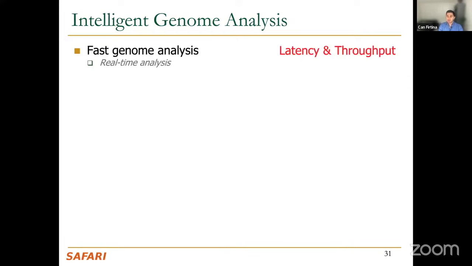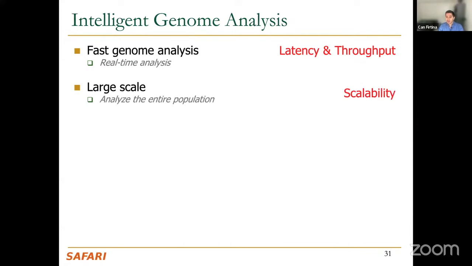So, at a broad level, there are some goals that can be set. For example, we may want to achieve fast genome analysis, right? This may be related to the latency or the throughput of the analysis, or both of them together. For example, you may want to do some real-time analysis as the sequencing data is generated.